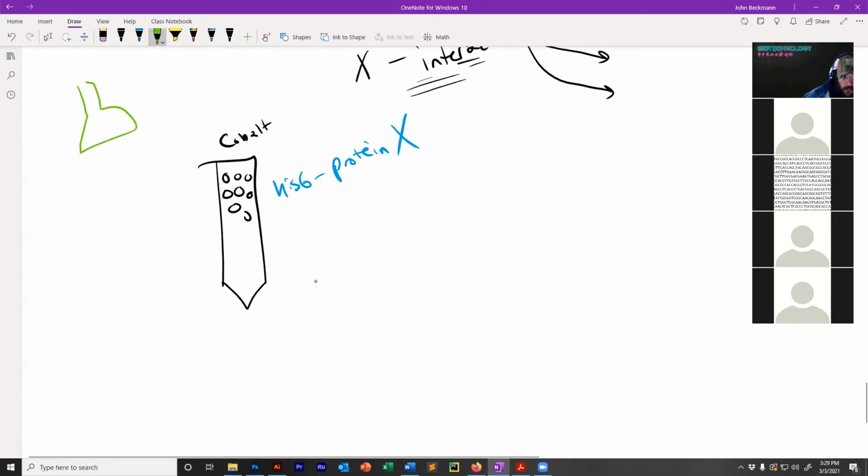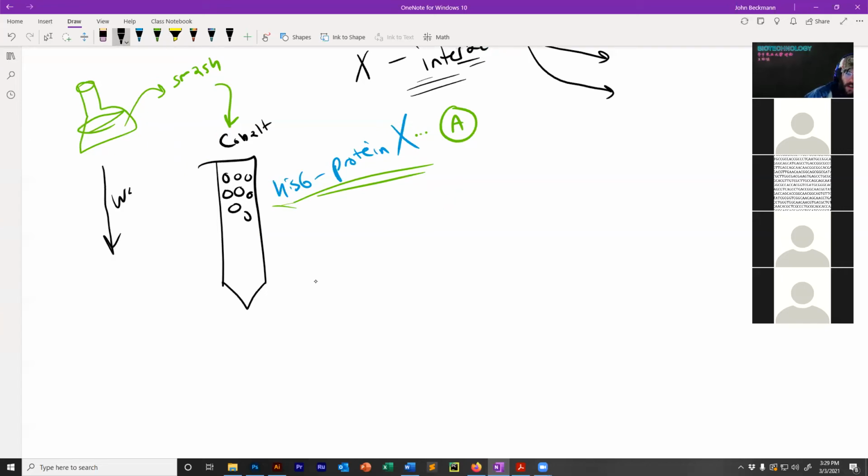You could grow some bacteria in a culture flask, or if it's a fly protein, you grow some flies, or if it's a mosquito or a plant, you grow some plants, smash them up, and you run them over the column. And if protein X interacts with protein A, this entity is going to get stuck to the column, okay? And then you go through a series of washes.